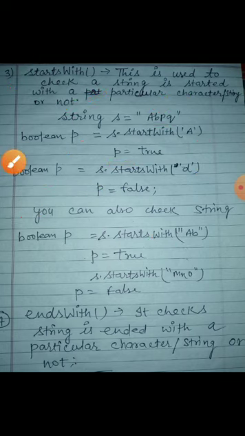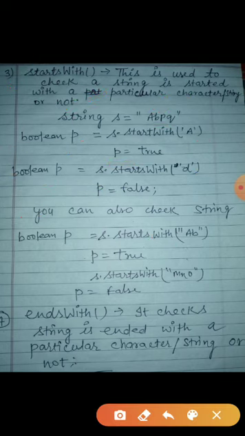It will return true, because your string starts with AB. And the same thing you can do with S dot startsWith MO. Now look here, what will go in P? False. It is boolean, so false will go in P. Clear? I think no confusion.